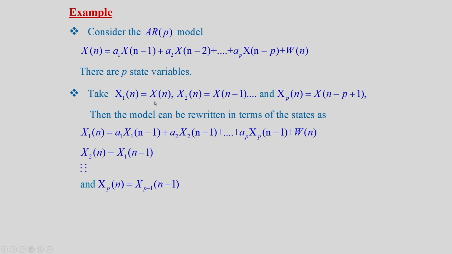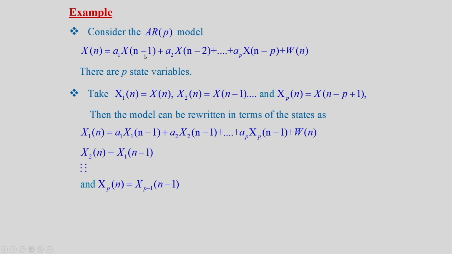If we assume these state variables, then this equation x[n] is equal to a1 x[n-1] plus a2 into x[n-2], like up to ap into x[n-p] plus w[n].